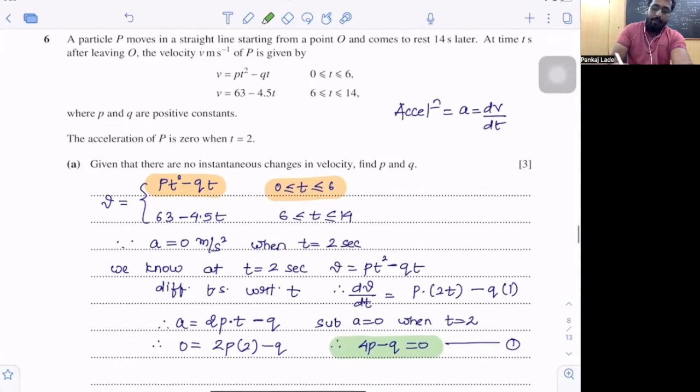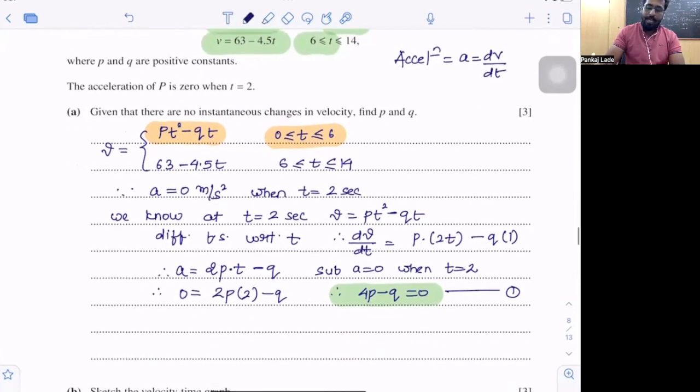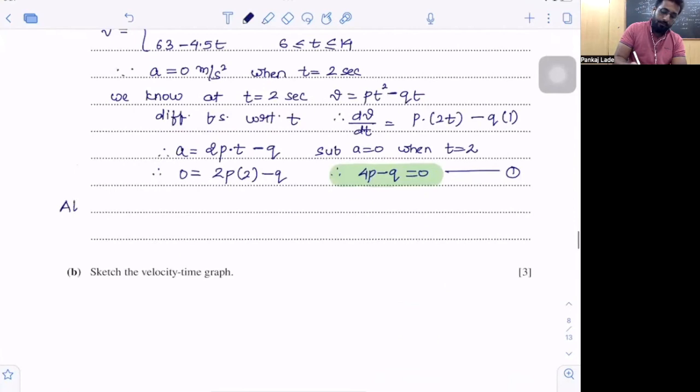So I can have at t equal to 6, velocity is given by pt square minus qt. Can you see t is equal to 6 given over here, and t is equal to 6 in the next equation also. It is 63 minus 4.5t. So at t equal to 6, v is given by both the equations, isn't it?